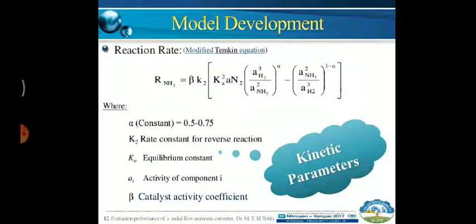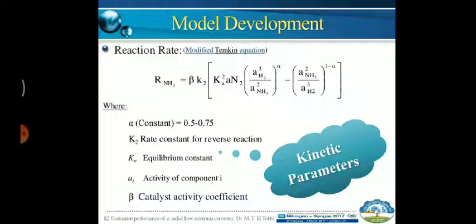So for the modified ammonia rate, r of NH3 is given as beta of k2 and k squared, a of N2 and a of H2, and a squared of NH3.